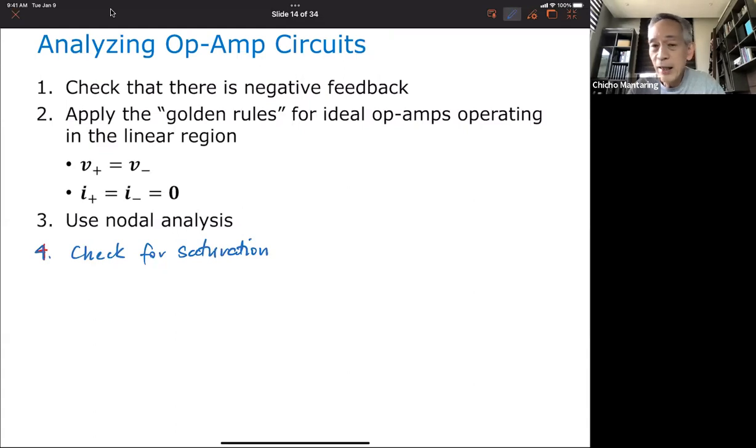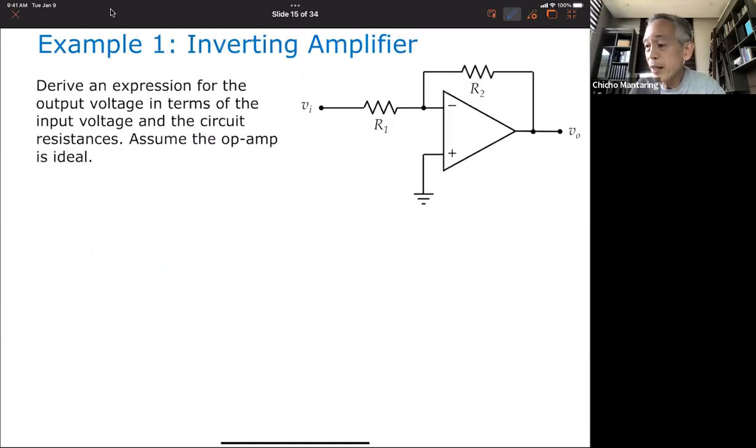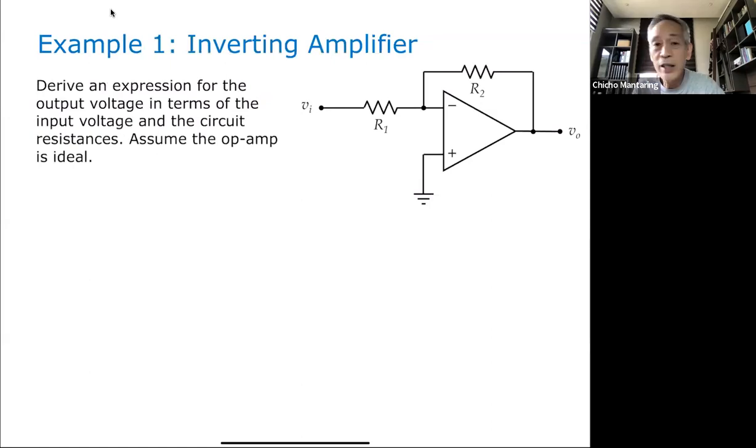So let's take examples. I'm going to start now with the many examples that I have. The first example that I have is a standard circuit. This is a standard op-amp circuit. We call this an inverting amplifier. I'm sure some of you that have already had some exposure to op-amps in high school, for example, or in the lab, know what the output of this will be in terms of its input.